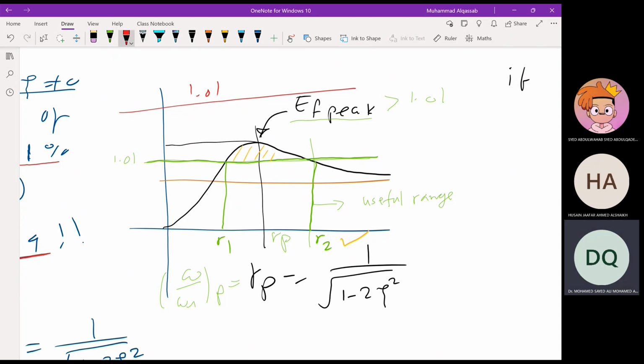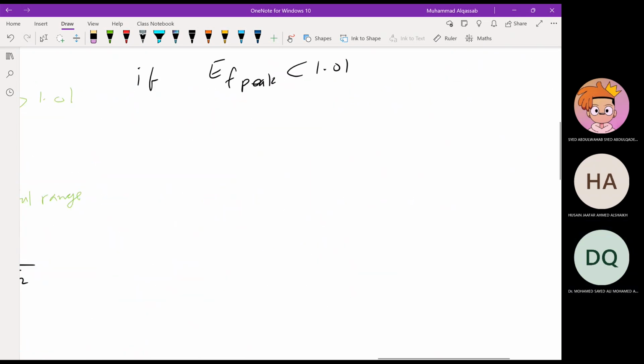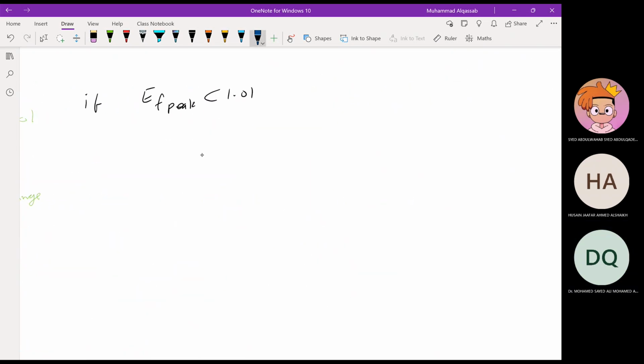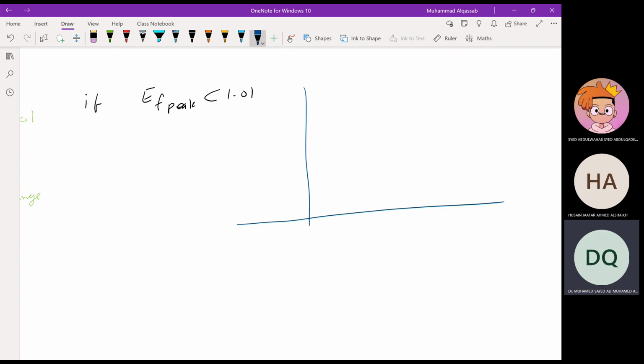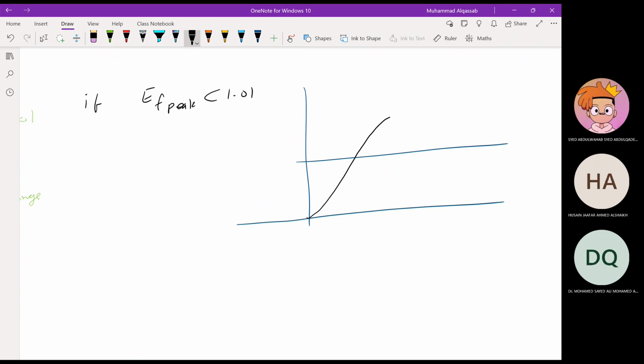We take 0.99. Okay, it means this is the graph, and this is 1, and here is the error factor, and 1.01 is here, which is not intersecting at all. And then we have 0.99.